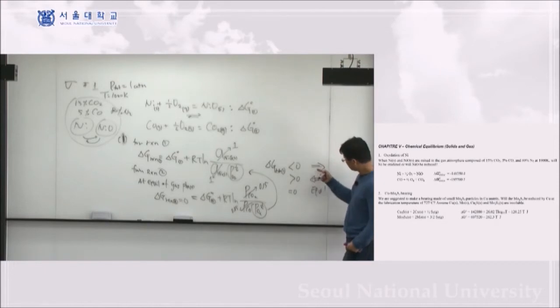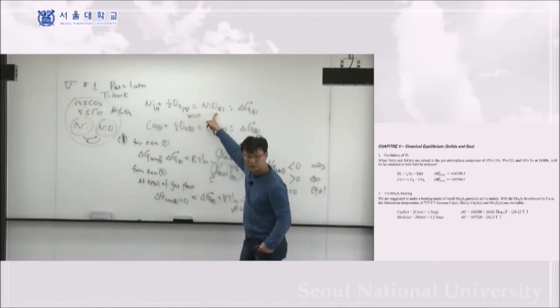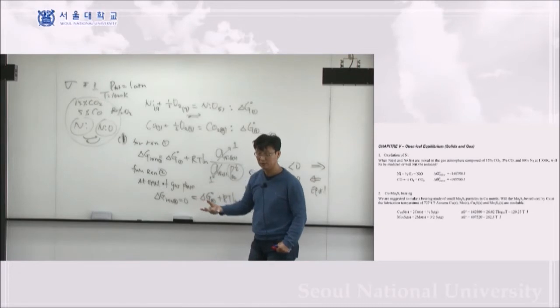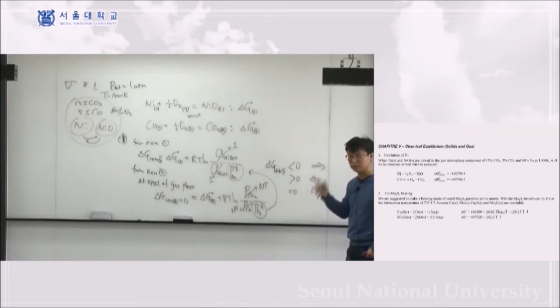Depending on that, if this is the case, it means the reaction goes forward, so nickel becomes nickel oxide. All the nickel phase will be oxidized, nickel metal becomes nickel oxide. Oxidation happens.